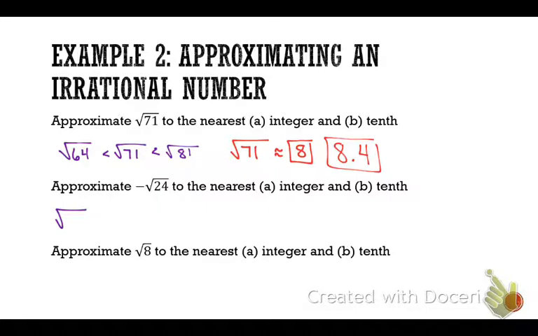So we would say the square root of 16 is less than the one we're going for, 24, which is less than the square root of 25. Which one is it obviously closer to? 25. So the square root of negative 24, we're going to put that negative back in there, is approximately negative 5.